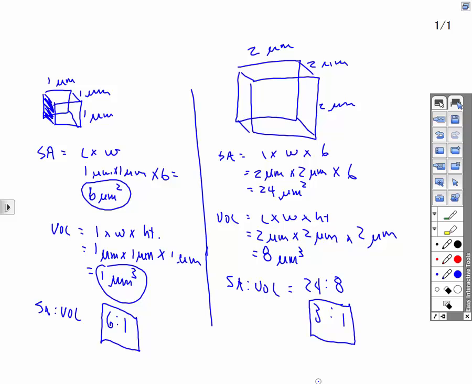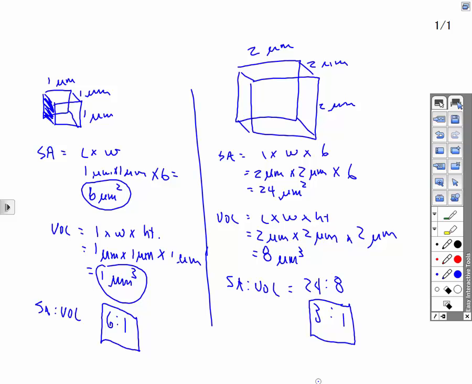So the reason cells are small, very, very tiny, is because that gives you a greater surface area to volume ratio. You just proved it. Small cell, larger cell, more surface area to volume, less surface area per unit volume. There it is, proof.